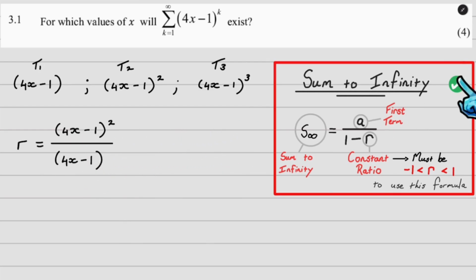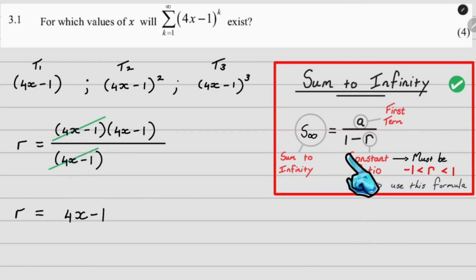Or you can take this approach: if you're squaring something, it means you're multiplying it by itself, and then one of these brackets will cancel with one of those, and that leaves us with a ratio of 4x minus 1. We don't need these brackets anymore because it's not being multiplied by anything.